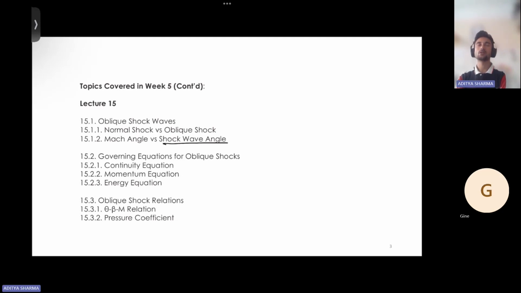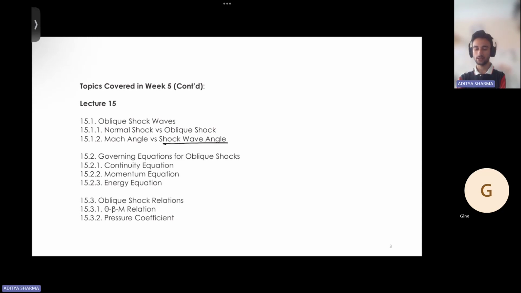But when dealing with oblique shocks, I haven't come across questions based on pressure coefficients. But as this has been included in the content of this topic, at least we should know about it.